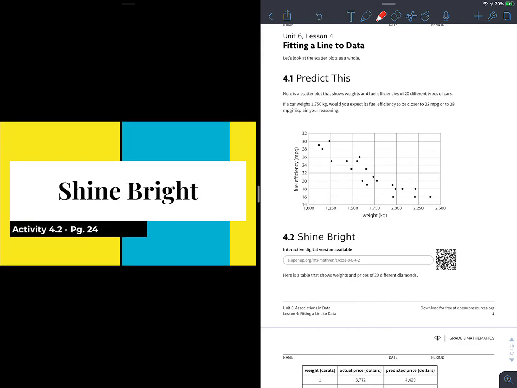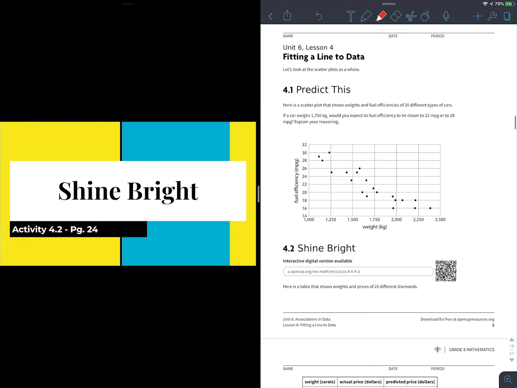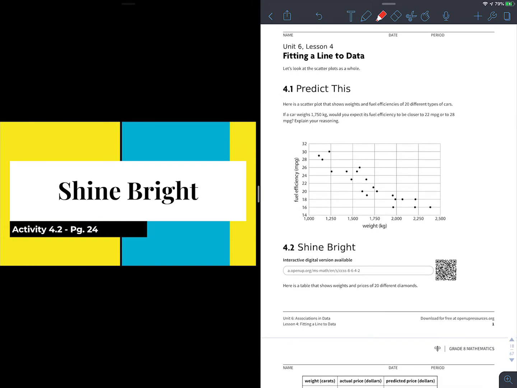When we look at this scatter plot, I would say we really expect it to be closer to 22 miles per gallon. If we take a look at where that falls on the graph, the 1750 is right here. And here's 22.